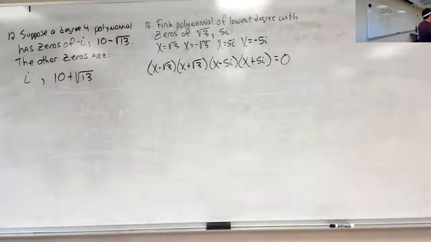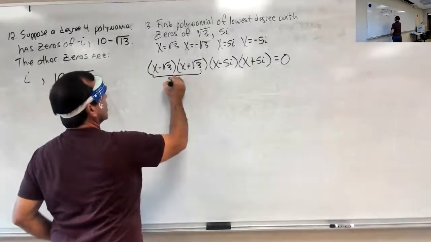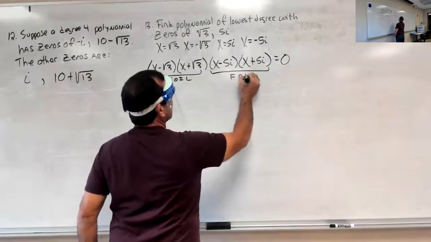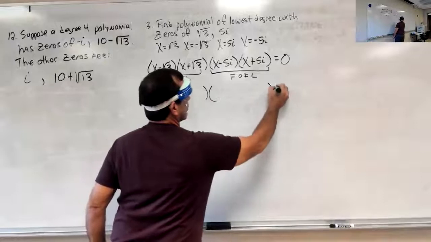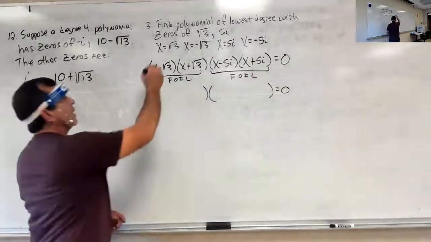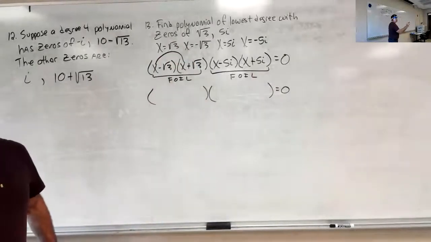Now, since y'all can FOIL pretty decent, I'm going to show y'all shortcuts on these. So I'm going to FOIL the first 2 together, but I'm also going to FOIL the last 2 together. So shortcuts, you multiply the first 2 together on the conjugate pairs. So the x times x is x squared.